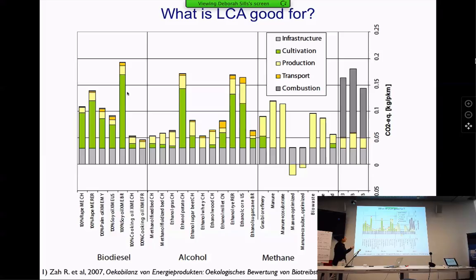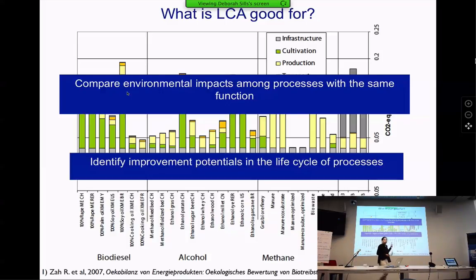So if I look here at ethanol from potatoes, I want to focus my improvements on the cultivation, right? That's where I'm getting most of my emissions from. So LCA is quite good for identifying which part of your process or product production or use, which part of the life cycle you want to address, to improve, and to compare.